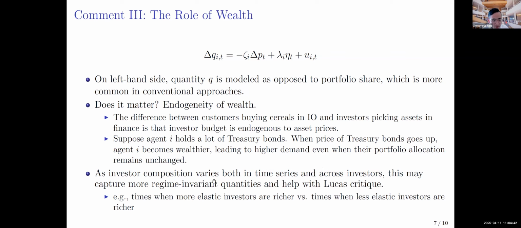Maybe one can argue that by distinguishing between the wealth movements due to these endogenous revaluation effects and the active changes in portfolio choice, maybe this will give us more stable parameters to think about, the regime invariant quantities under the Lucas critique.